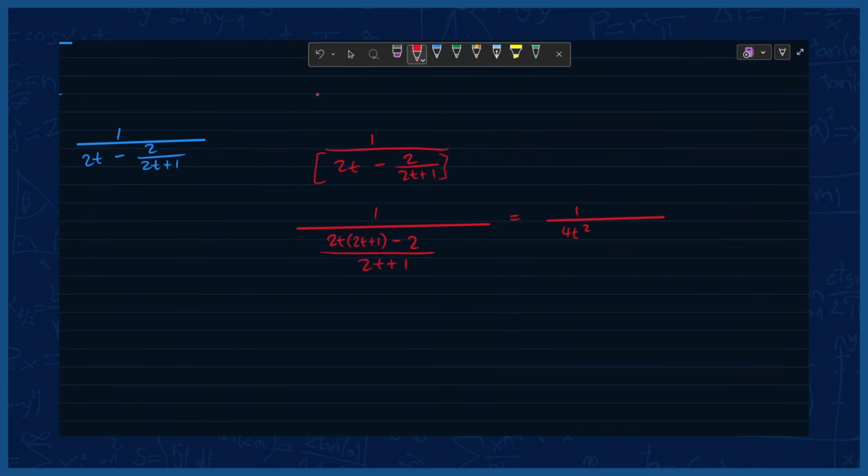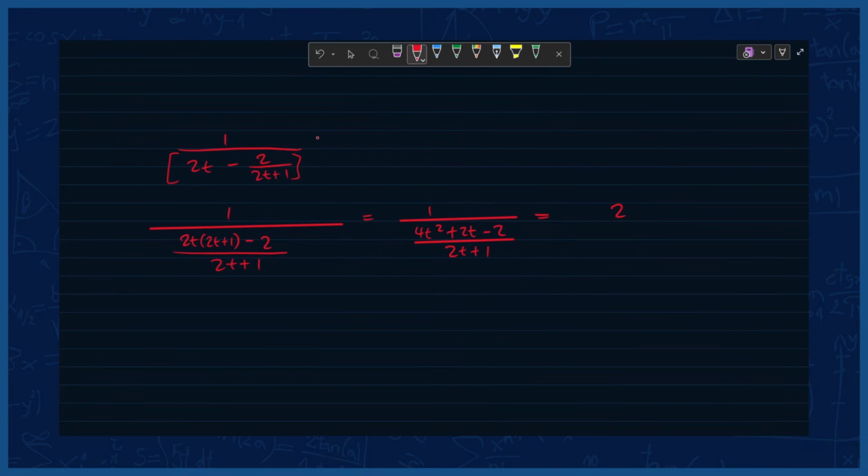Then I've got 2t times 1, so I've got 2t, and then I've got my negative 2 there. And this is all being divided by my 2t plus 1. Alright, and this here just becomes, so this 2t plus 1 goes all the way up top. So it becomes 2t plus 1 and it's being divided by 4t squared plus 2t minus 2.